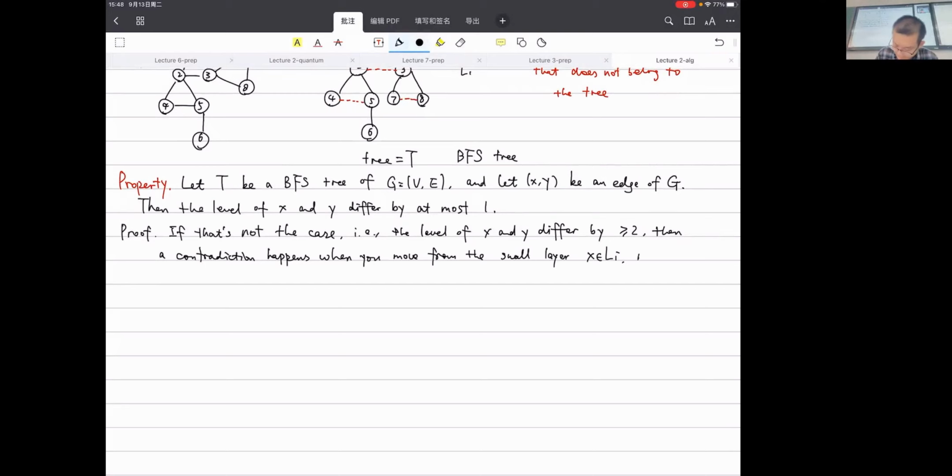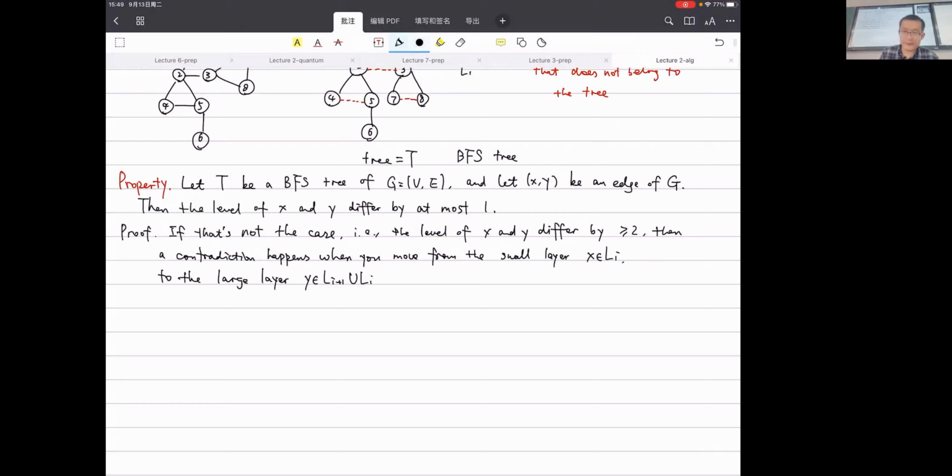From a small layer to a larger layer, because it means they differ by at least 2, but after all, Y should belong to L(i+1), or maybe Li.